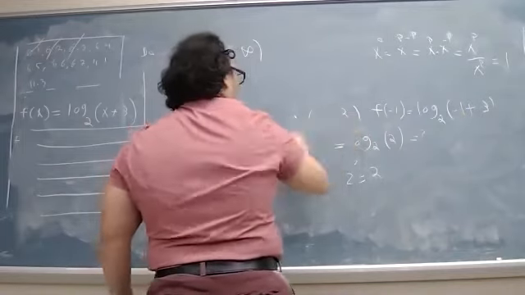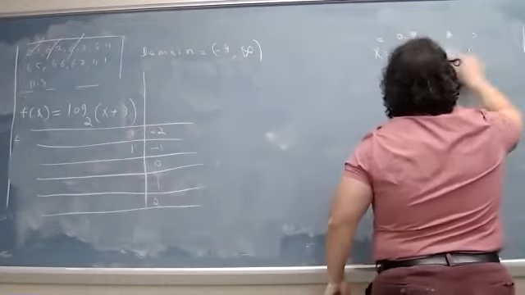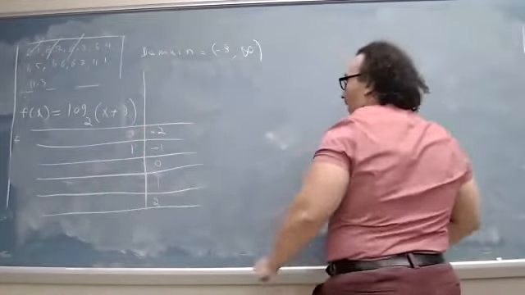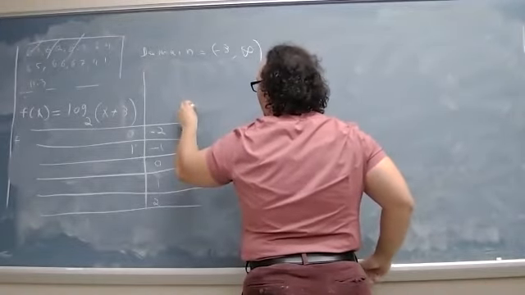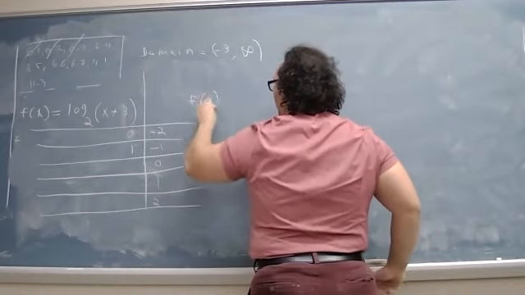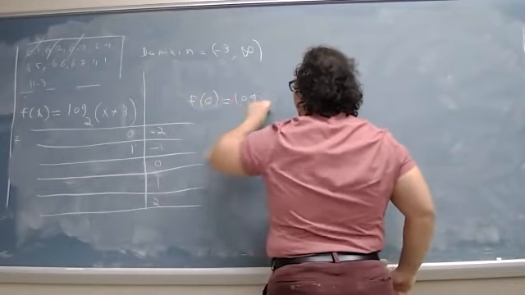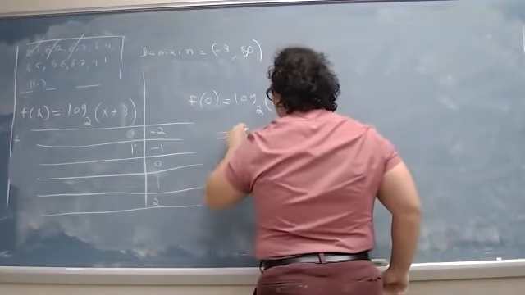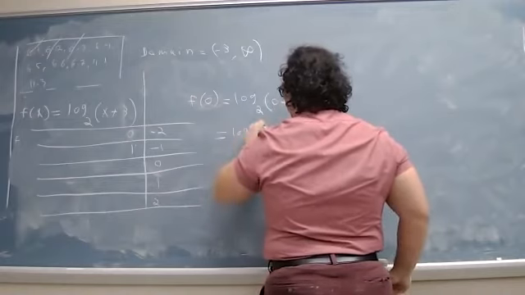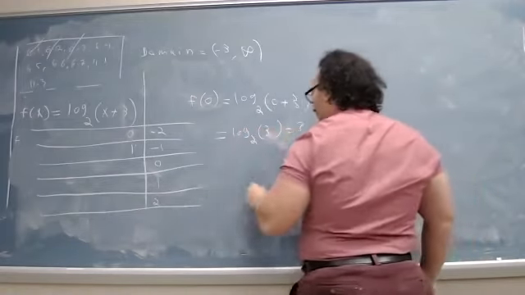What is f of 0? That's log base 2 of 0 plus 3. That's just log base 2 of 3. That's our question.